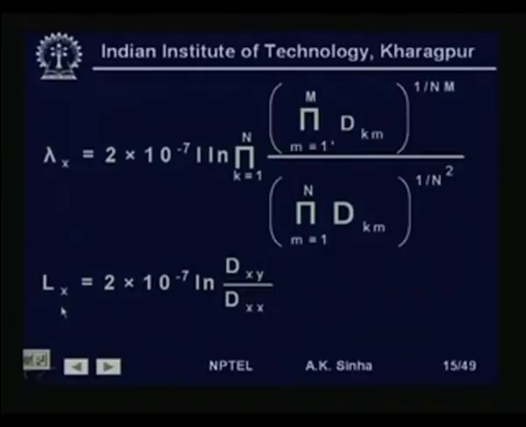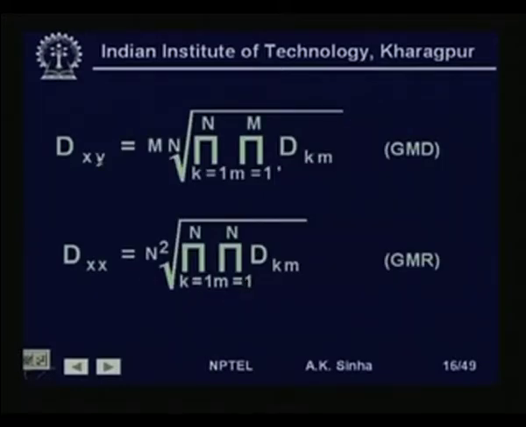Therefore, the inductance of this conductor x will come out to be 2 into 10 to the power minus 7 ln d xy by d xx, where we are writing d xy as the m n-th root of the product k equal to 1 to n, product m equal to 1 dash to m dash, d k m.